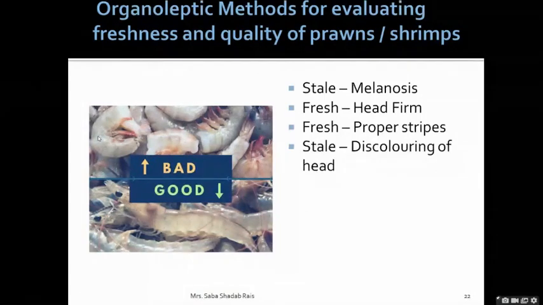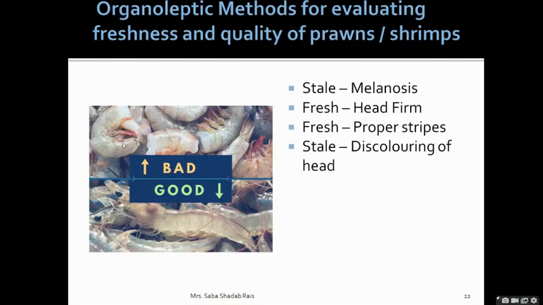Now the next most important criterion is the firmness. It is the same as with fish: if the body is proper, firm, and stiff, that means the prawns are fresh. Now see, how can we check the stiffness of an animal? Just press it.